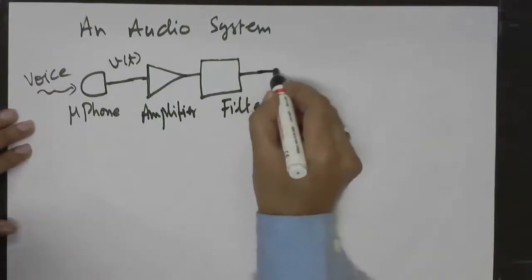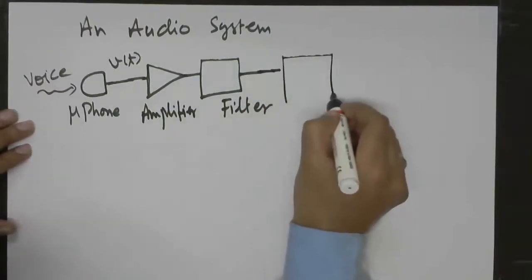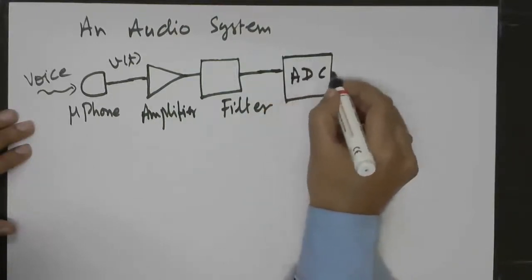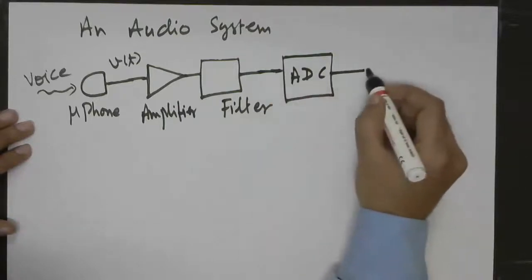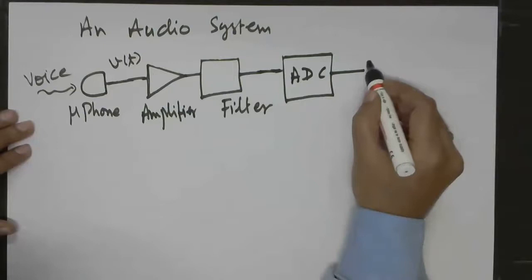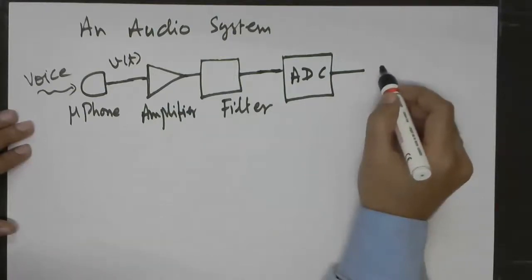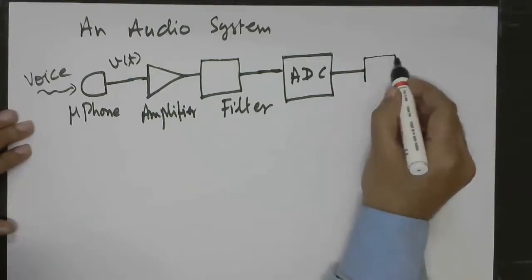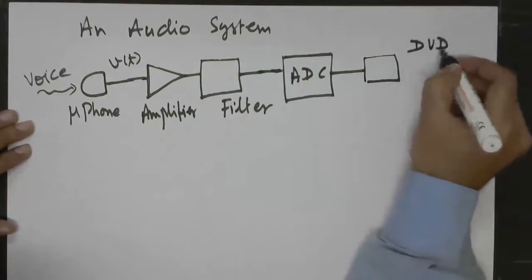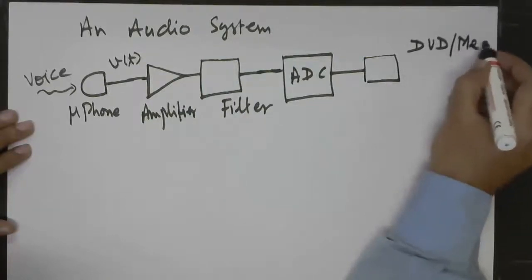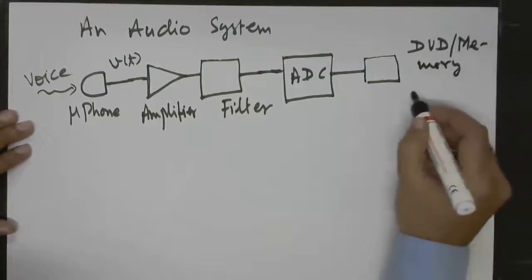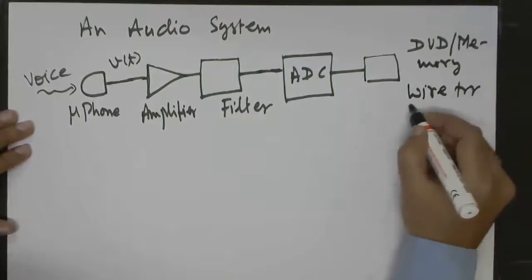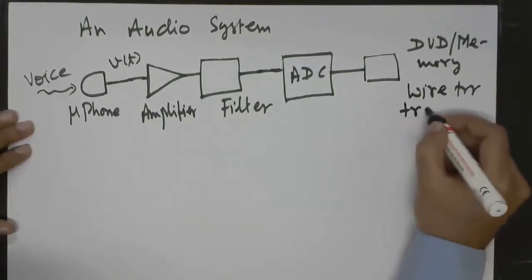And then we have another block. And then at this end, this can either be stored on, say, a DVD or memory, or it could be transmitted. So here we can have a DVD if we want to store, or then it could be, say, a wire for transmitting, that means sending.